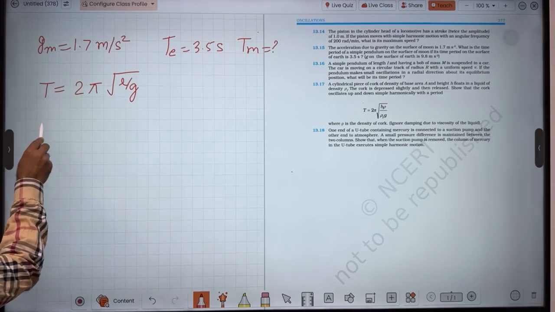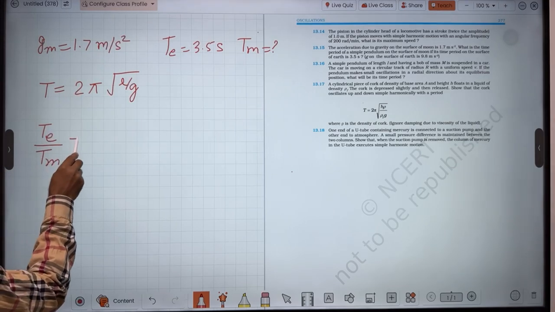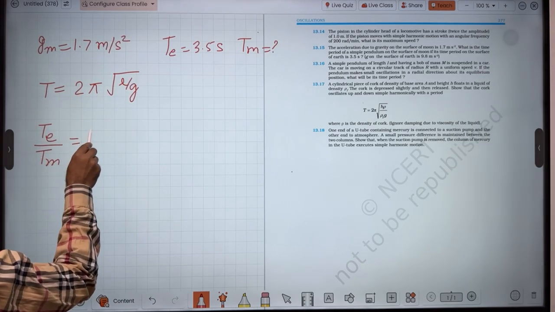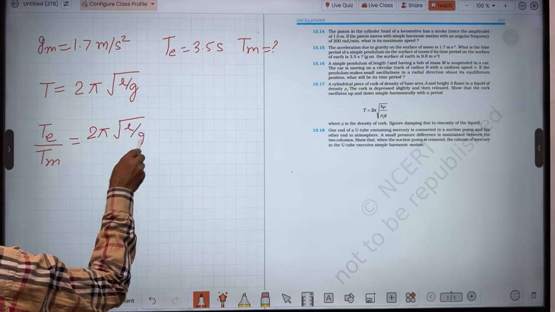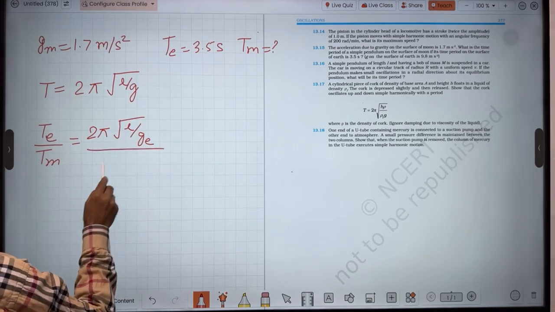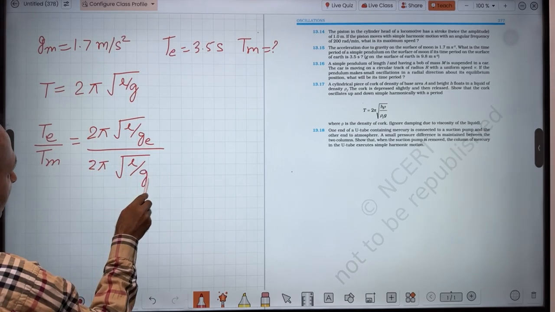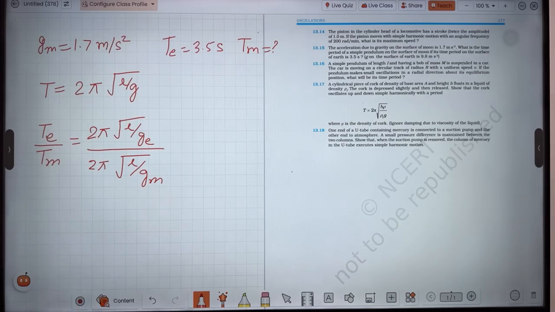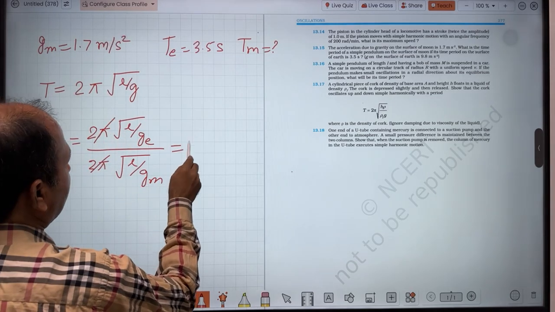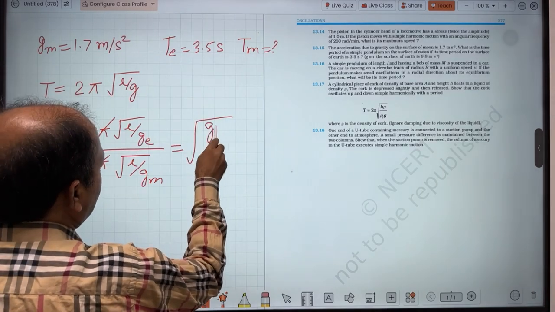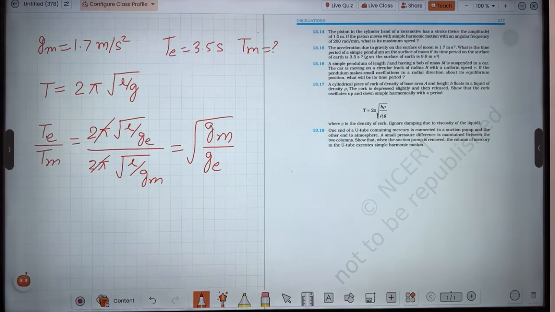So we can generalize it: T earth divided by T moon will become 2 pi root L divided by g earth, whole divided by 2 pi root L divided by g moon. Now 2 pi will cancel out, root L will cancel out, and this will get inverted. So we will get g moon divided by g earth.